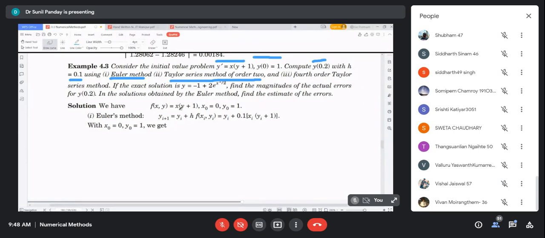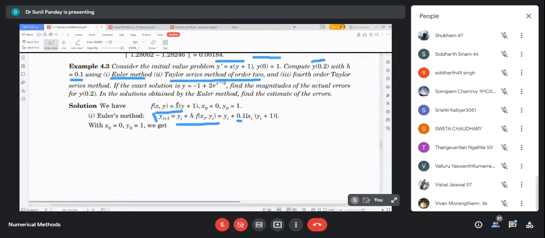Now first you are applying Euler's method. This is the form of Euler's method, and here they have directly substituted the value of x equal to xi and y equal to yi.